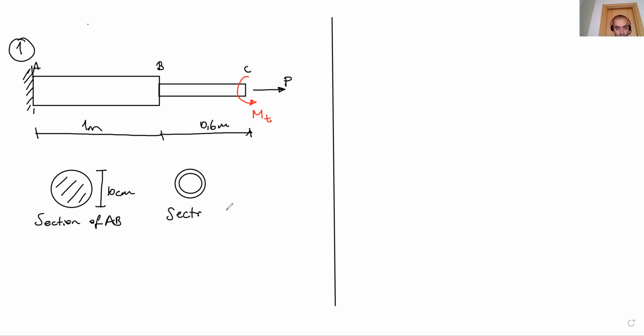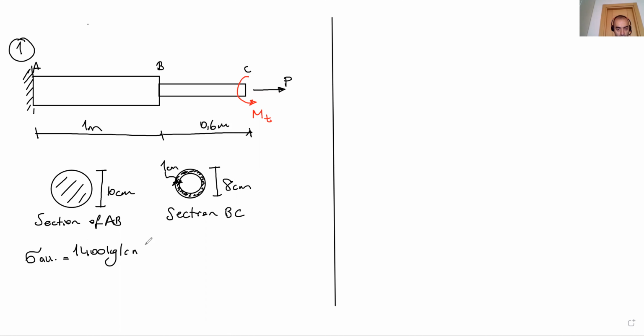This is the section BC, and the diameter is here 8 centimeters, and this is a hollow section, pipe section. The mid portion is a gap, so this thickness is 1 centimeter.